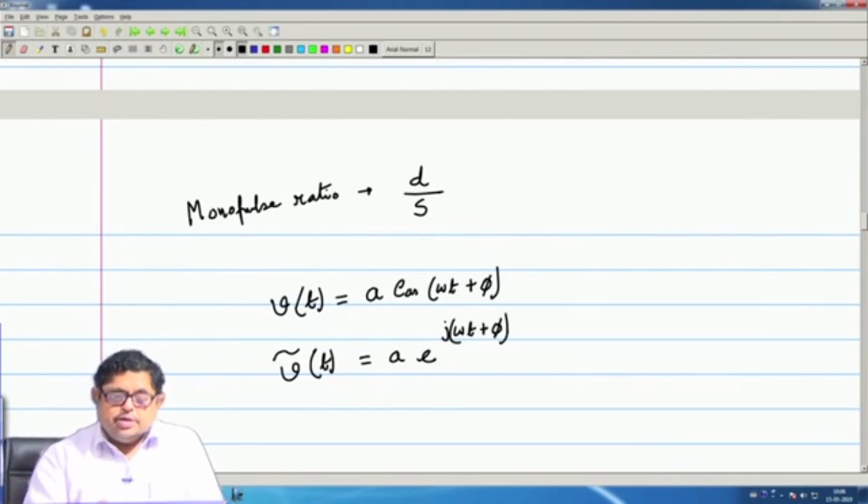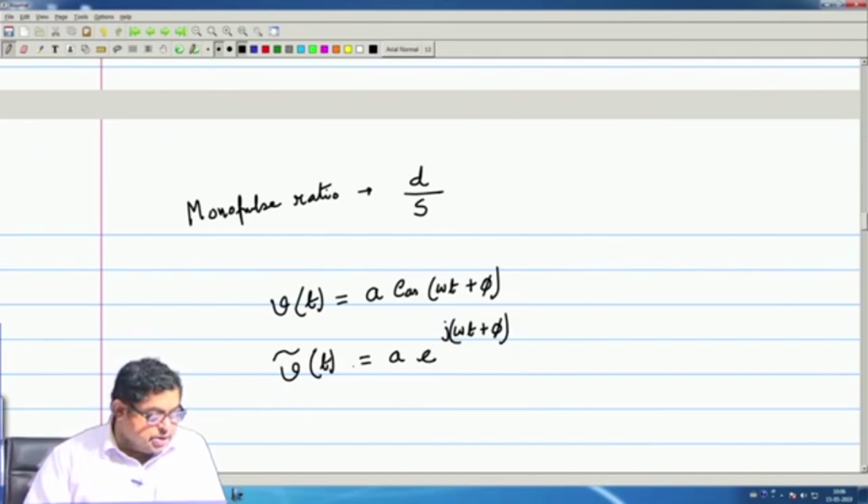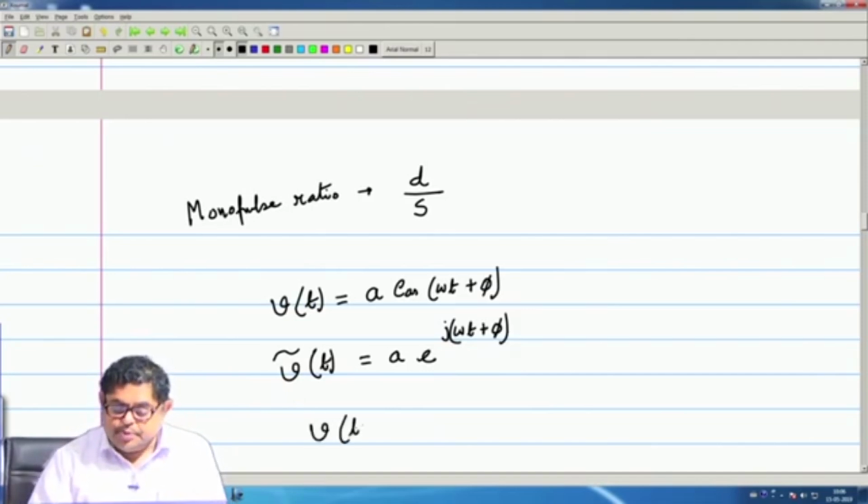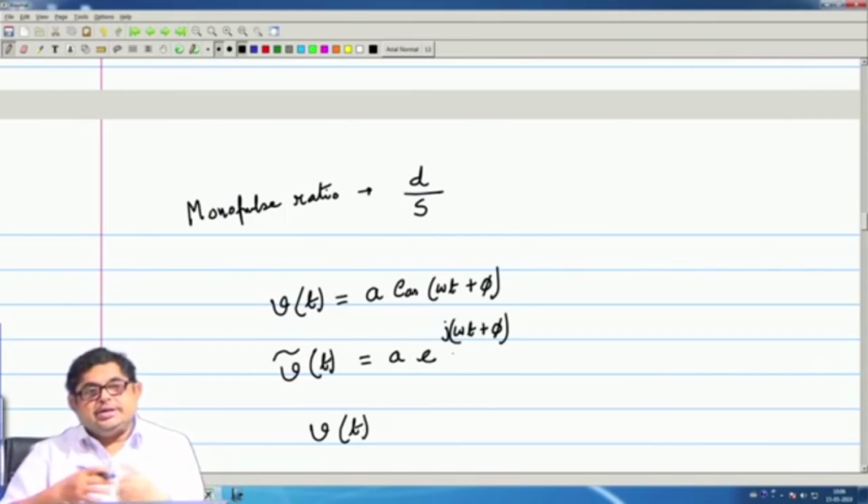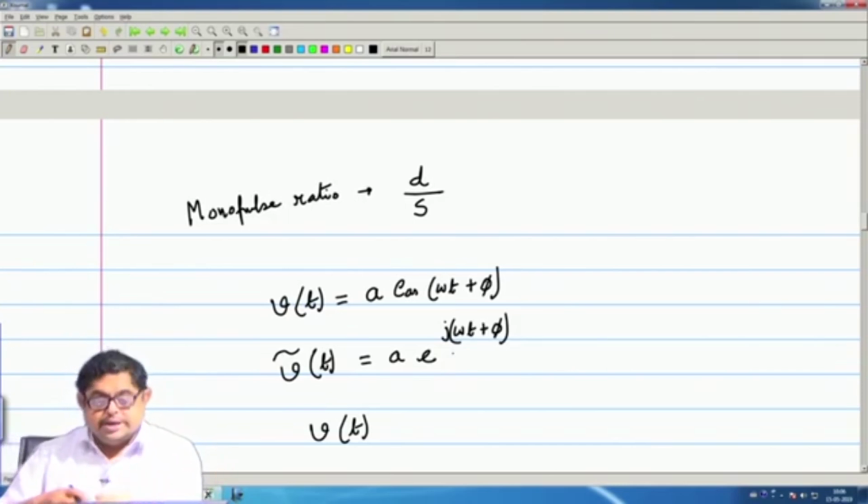We know that to get the real signal v(t), we need to take the real part of V(t). We can work conveniently with this, because if there are multiplications, for example in modulation, or in AC circuits, you have seen this phasor concept. For operations like multiplication and division, phasors are handy, because multiplication and division of e to the power something is convenient compared to cos and sin.